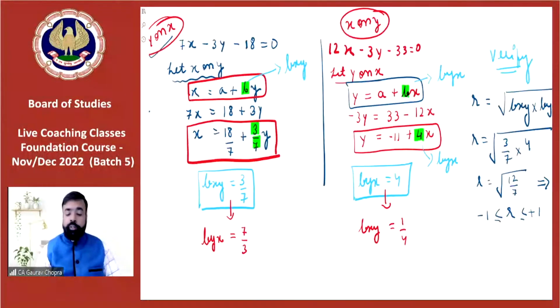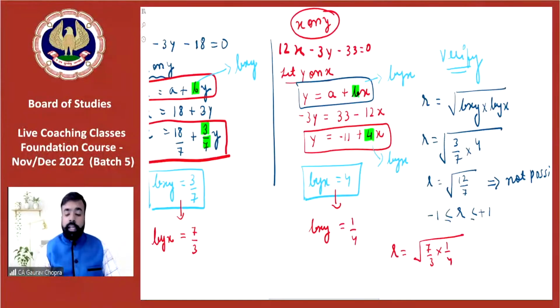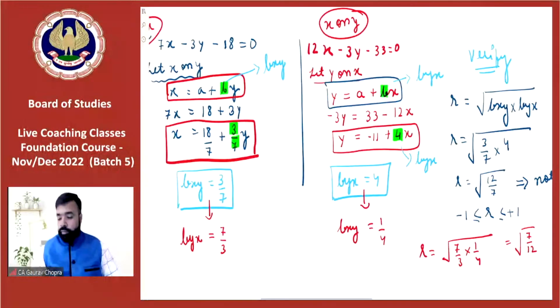Now again, if you want to verify, we can verify. There is no need, but we can. So 7 by 3 into 1 by 4, this time it will be root of 7 upon 12, that is less than 1. So it is correct.